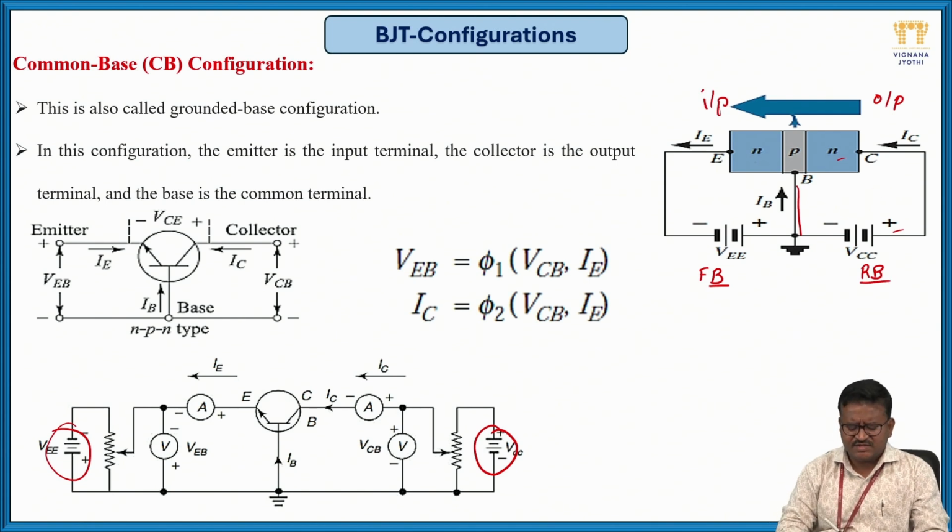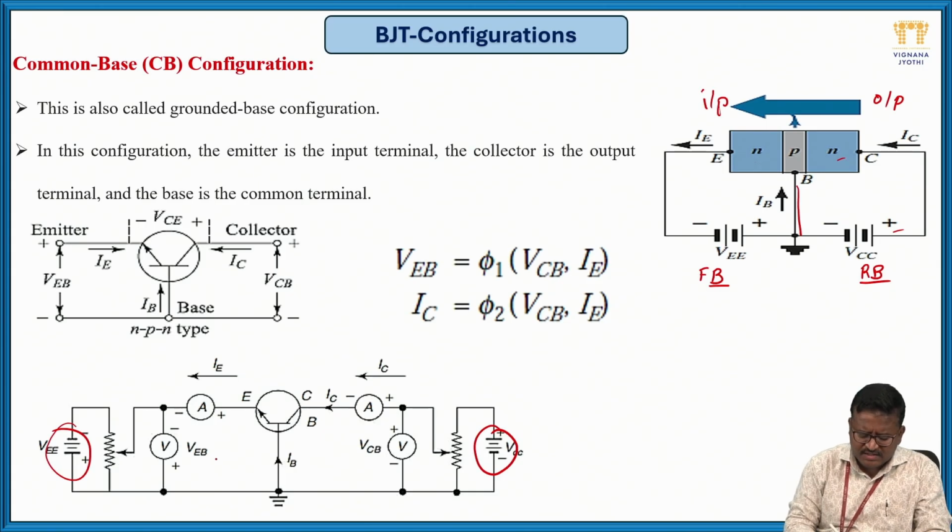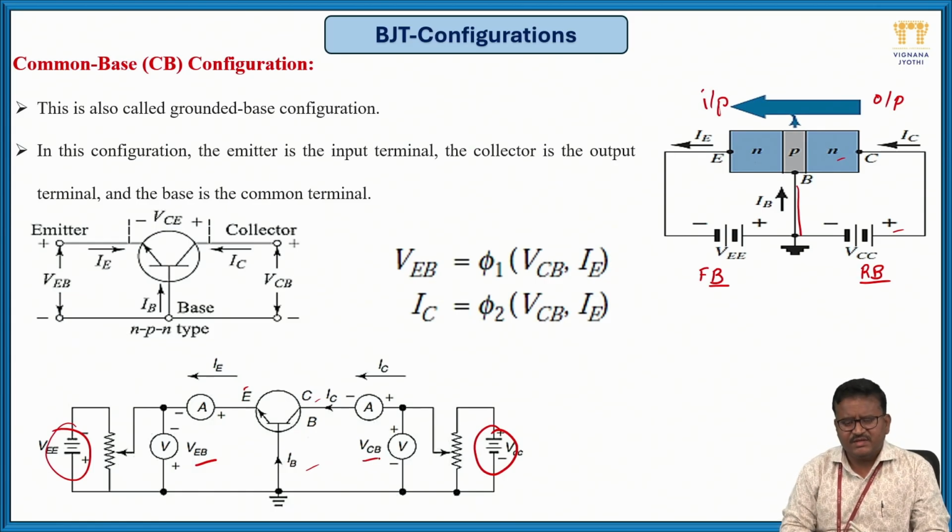So in this situation, the input voltage is the voltage between emitter and base, which is VEB, and the output voltage is taken between collector and base, which we consider as VCB.